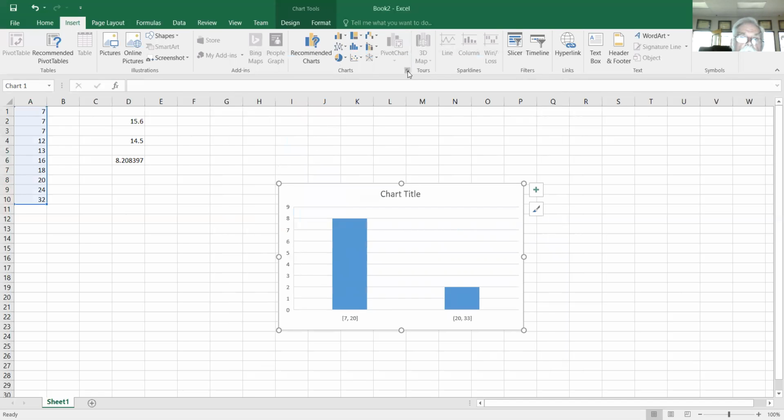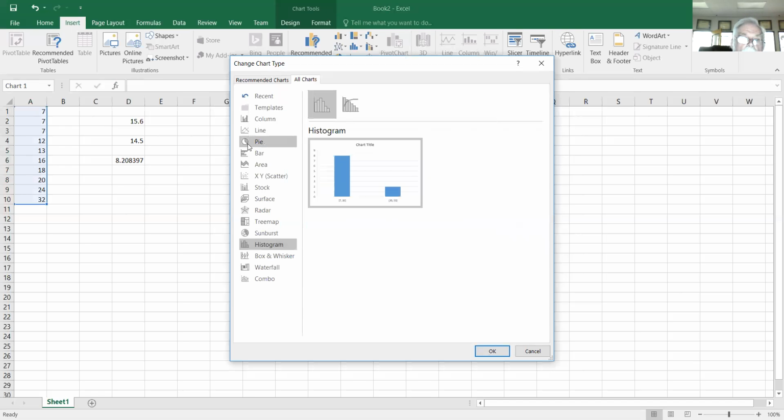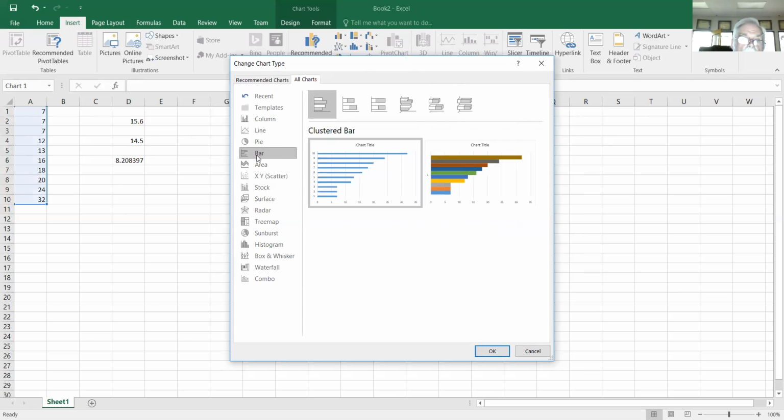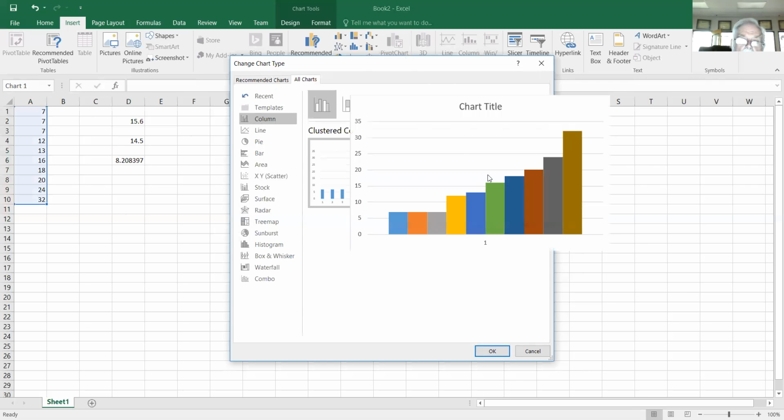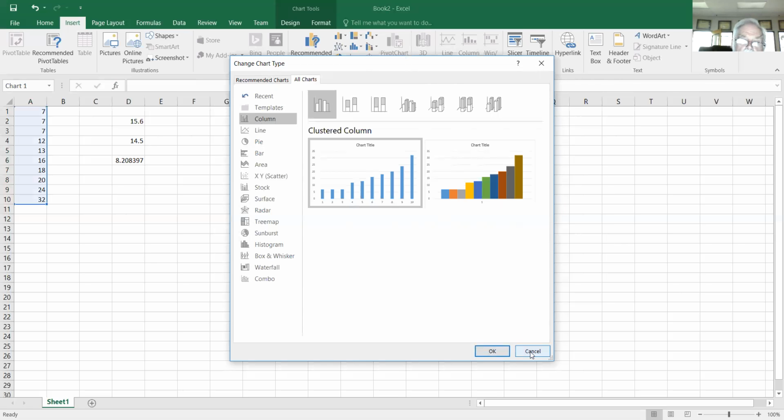No, that's not what I wanted. Okay, we had a column. And we can give it colors if we want. We're going to leave it there.